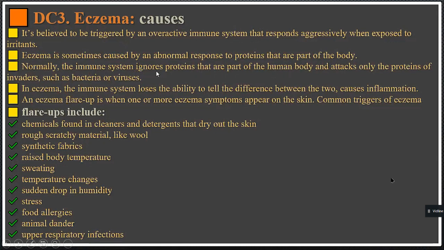All of our bodies have normal proteins, and our immune system does not attack these proteins because it's our body. But here, what happened? The immune system by mistake attacks the proteins of our body. That's why it's called eczema.